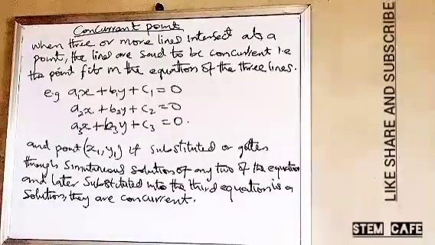We are talking about concurrent points now. When three or more lines intersect at a point, the lines are said to be concurrent. That is, the point fits in the equation of the three lines.